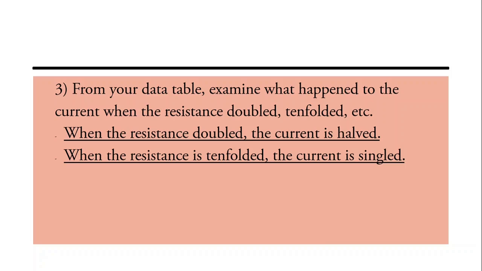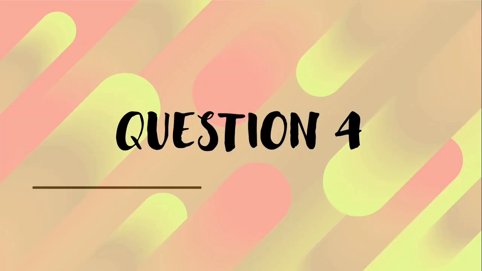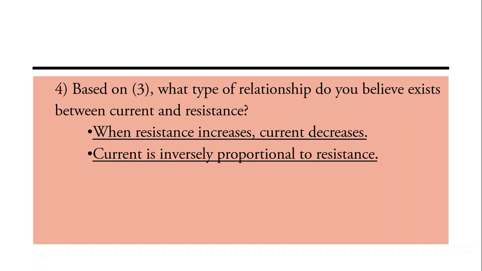The answer is, when the resistance is doubled, the current is halved, and when the resistance is tenfolded, the current is a tenth. For question 4, based on question 3, what type of relationship do you believe exists between current and resistance? When the resistance increases, the current decreases. Current is inversely proportional to resistance.